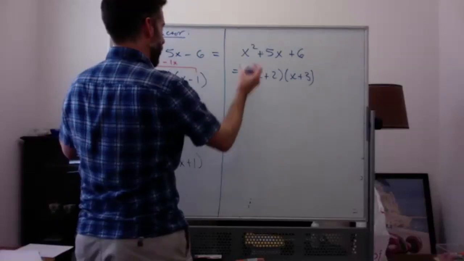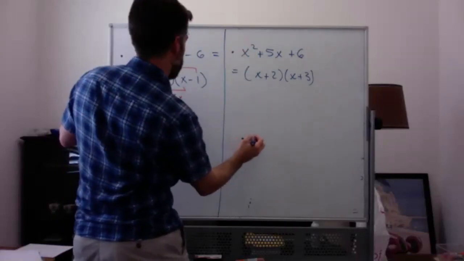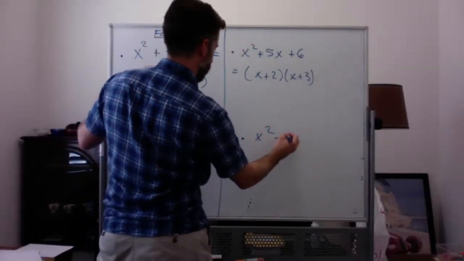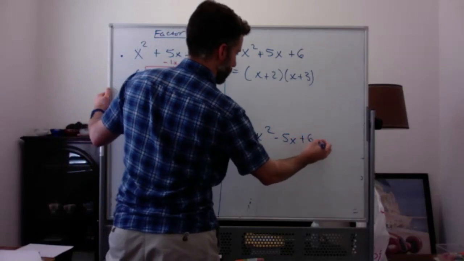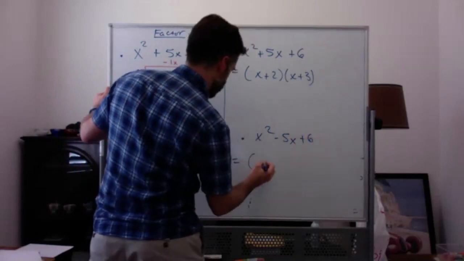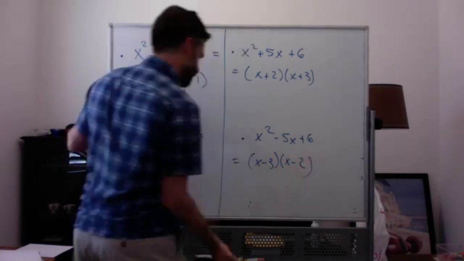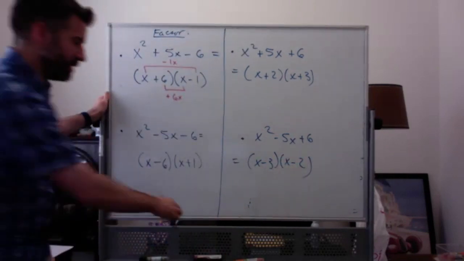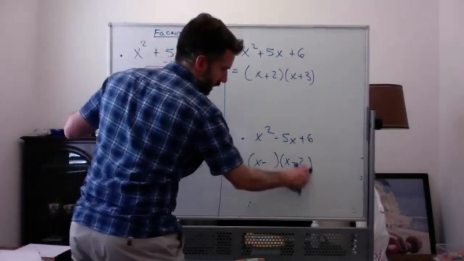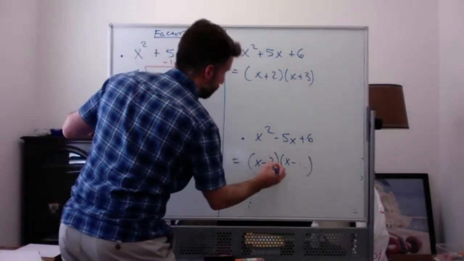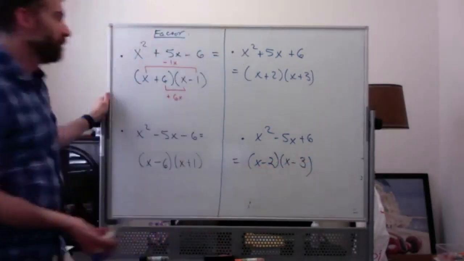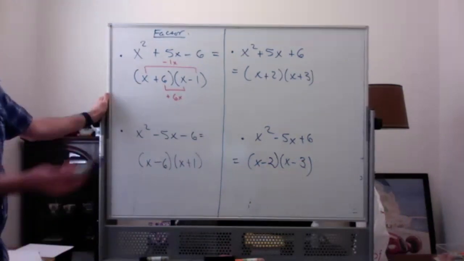And then we also have x squared minus 5x plus 6, which is going to factor as x minus 3 times x minus 2. Again, order doesn't really matter, but I'm going to do the same order. So all of these are different.